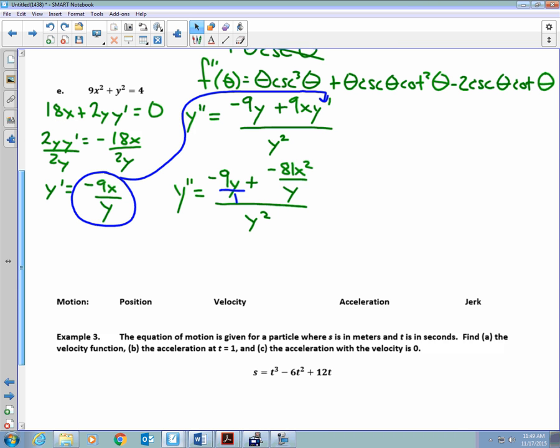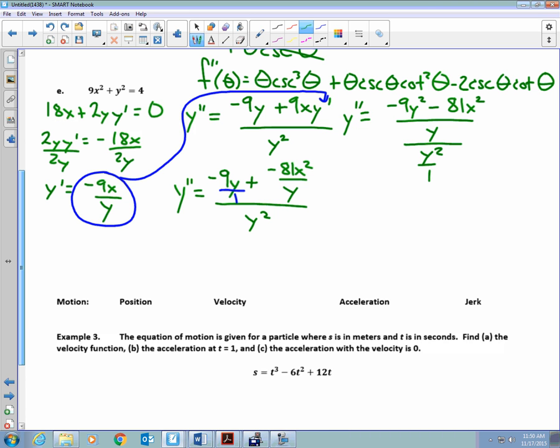So we end up now with y double prime is equal to negative 9y squared minus 81x squared all over y, all over y squared over 1, and as Hannah so correctly said, we will multiply by the reciprocal, and that will give me negative 9y squared minus 81x squared all over y to the third.